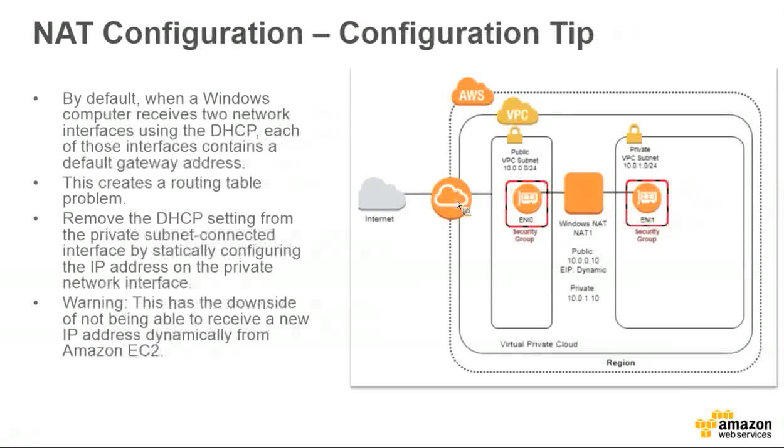This has the benefit of removing the redundant default gateway entry inside of the instance and ensuring the traffic flows smoothly. The downside of this approach is that if you ever decide to change the IP address using the AWS console, that you would also have to manually configure the address within the instance as well.